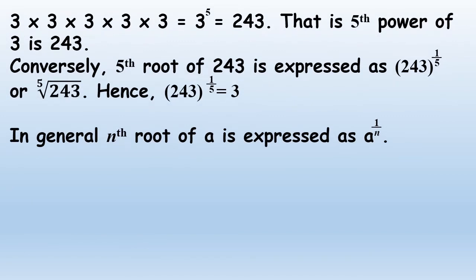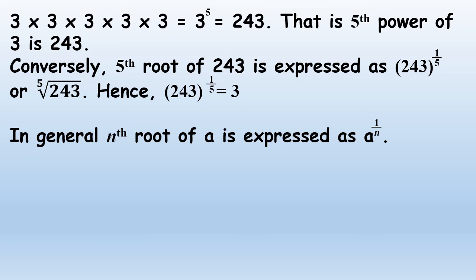3 multiplied by 3 multiplied by 3 multiplied by 3 multiplied by 3 is equal to 3 raised to 5, which is equal to 243. It can be said that when 3 is multiplied 5 times, it is equal to 3 raised to 5, which is equal to 243. That is, fifth power of 3 is 243.